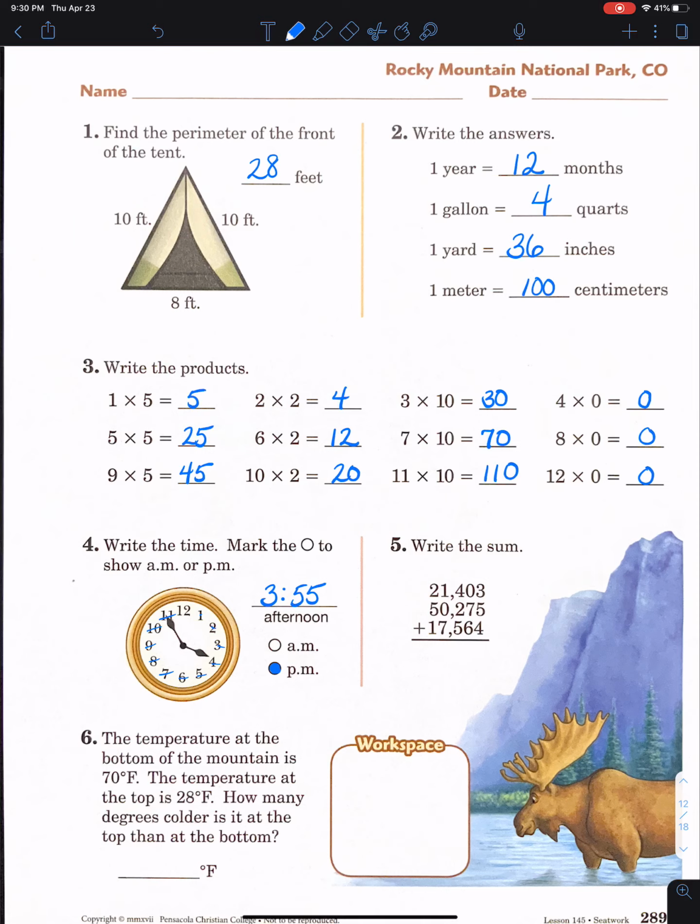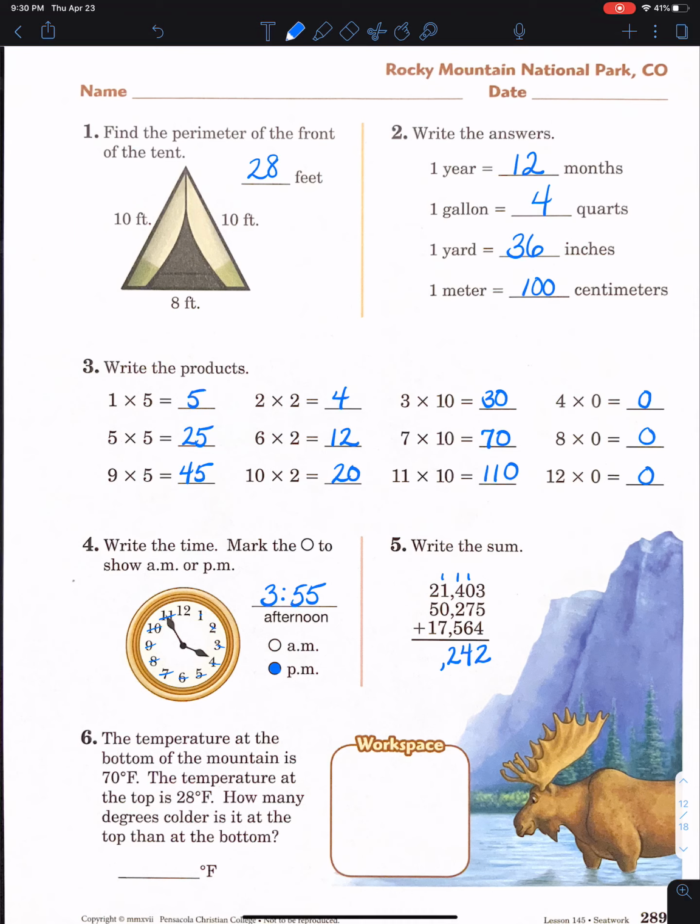Okay, 3 plus 5 equals 8, and 8 plus 4 equals 12. So I'm going to write my 2 down below, carry the 1. 1 plus 7 equals 8, and 8 plus 6 equals 14. So I'll write my 4 down below and carry my 1. 1 plus 4 is 5. 5 plus 2 is 7, and 7 plus 5 is 12.